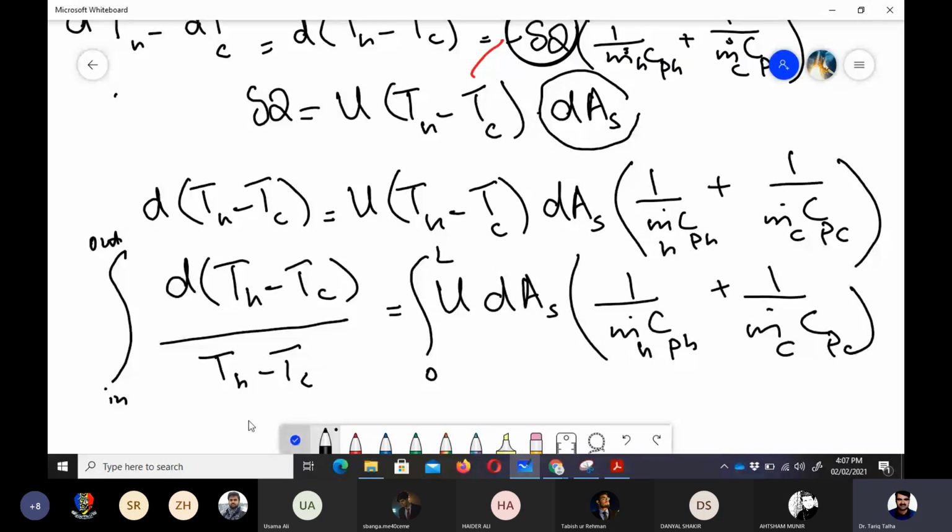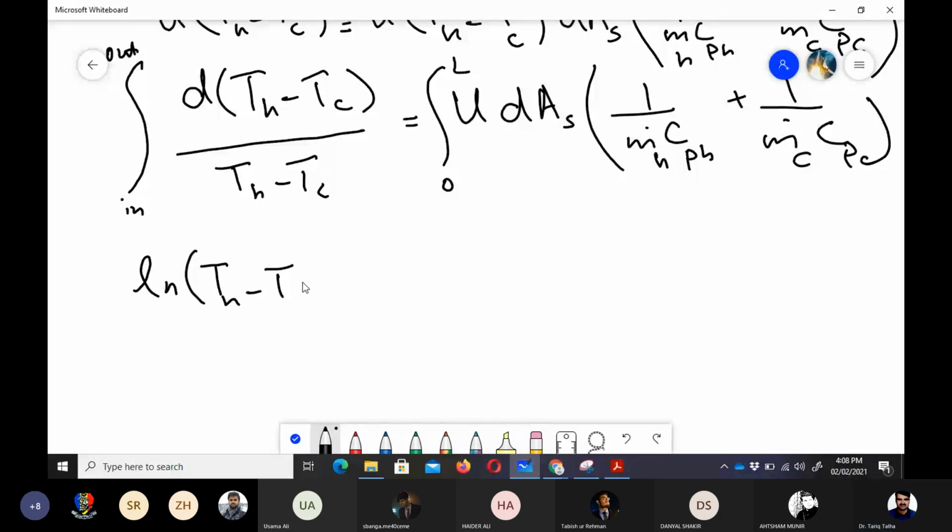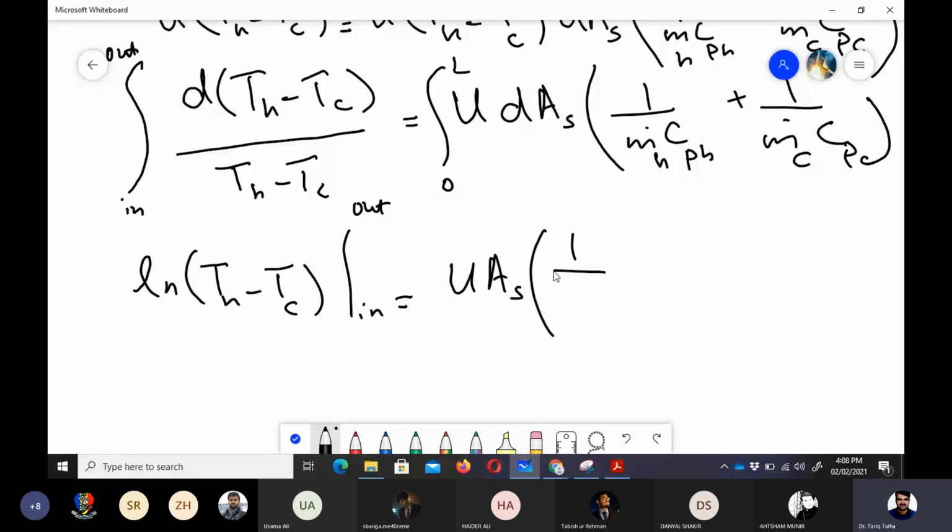So if we do that, for the left hand side we can see that it would be equal to the log of (Th minus Tc), with limits from in to out, and here it would become U into As into (1 upon m dot h Cp h plus 1 upon m dot c Cp c).